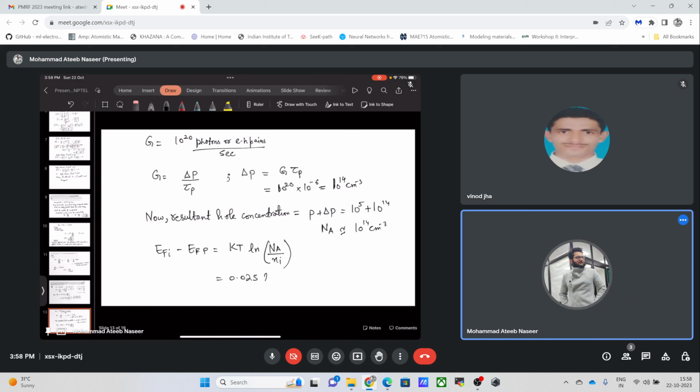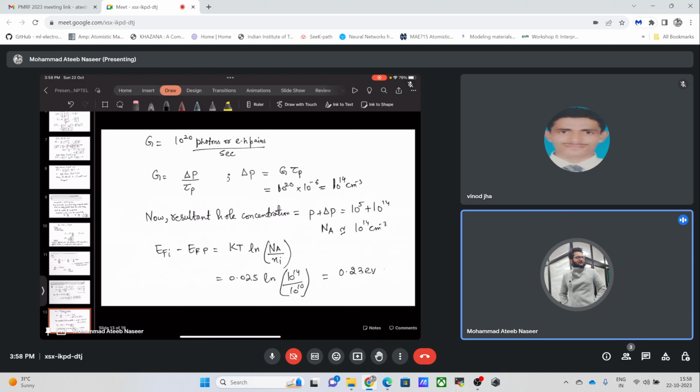It would be 0.025 ln of 10 to the power of 14 divided by 10 to the power of 10. So it is ln of 10 to the power of 4. Ln of 10 to the power of 4 is simply 9 point something, times 0.025, which is 0.23 electron volts.